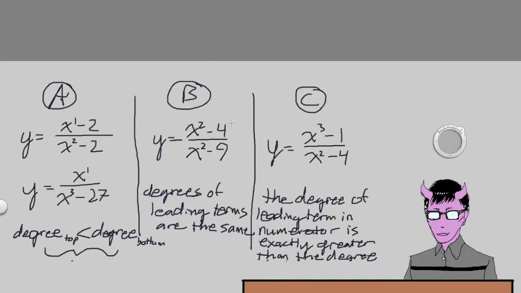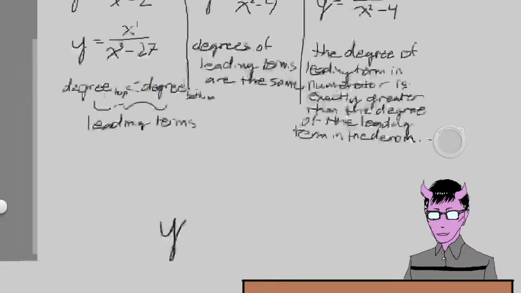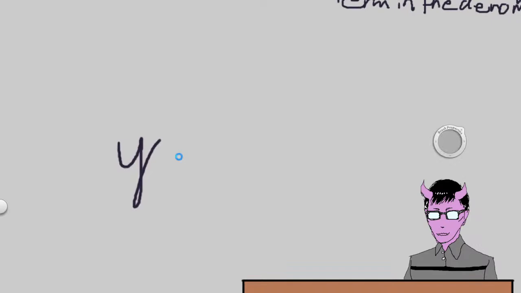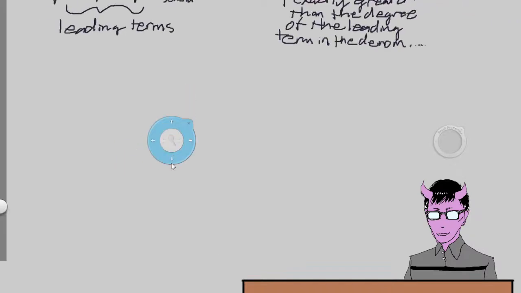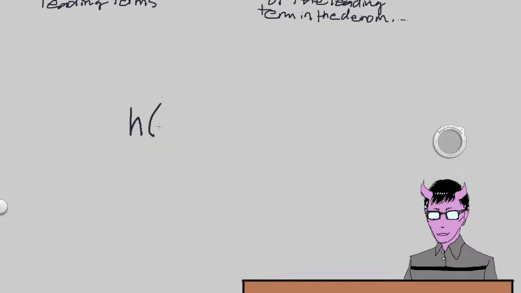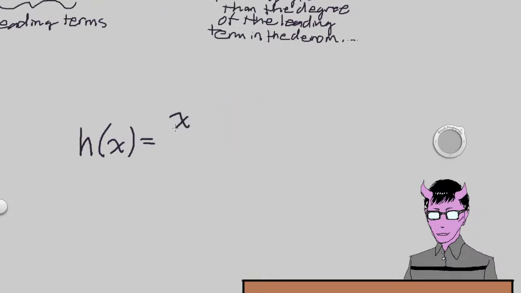And that's when the degrees are matching perfectly for the leading terms. So no longer f of x, no, we're not talking about h of x. H of x is defined as, we have here on the top, x plus 1 over x minus 1. The leading term has a degree of 1, which matches the leading term on the bottom's degree of 1 as well.